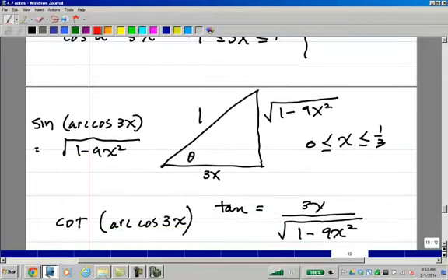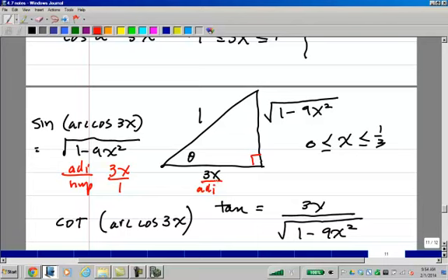So what does that mean? So we're looking at the cosine of 3x. So we're going to stick with adjacent over hypotenuse. So it's 3x over 1. So here's theta. Just construct a right triangle. Stick theta in there. And here's 3x. That's adjacent. And here's 1, and that's the hypotenuse.